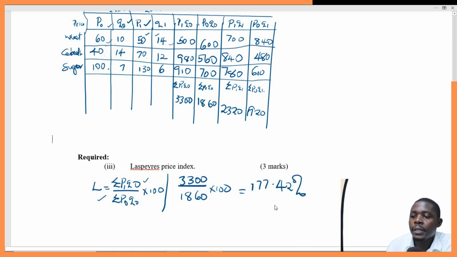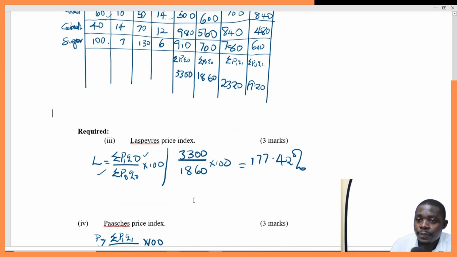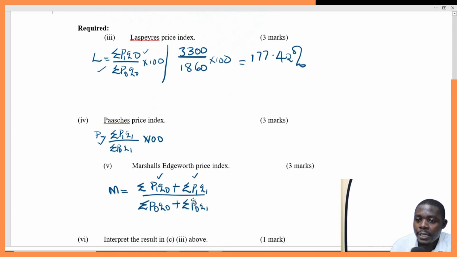Then we have P1 Q1. We got P1 Q1 was 2320.